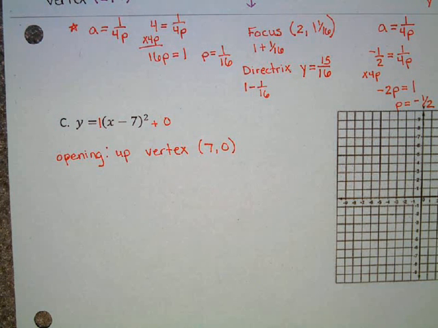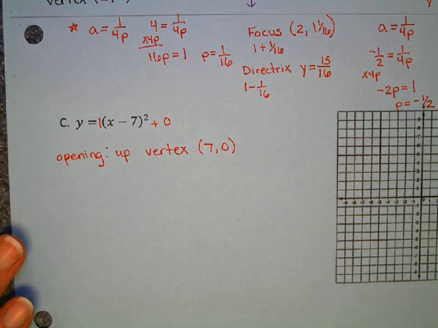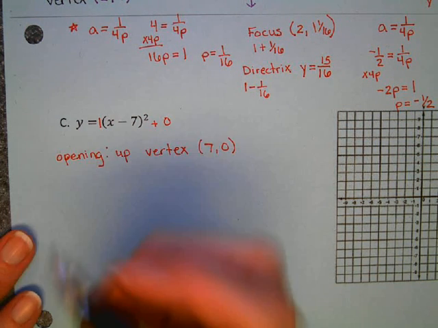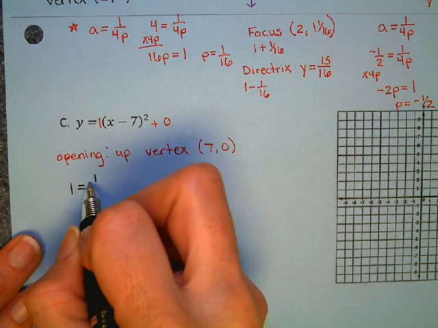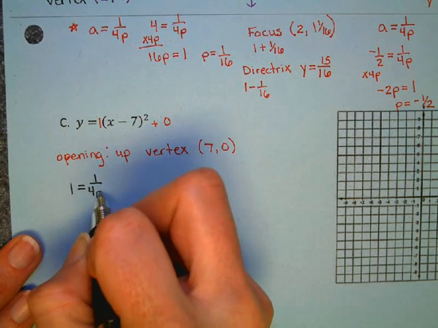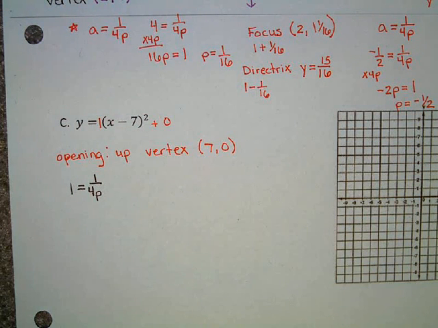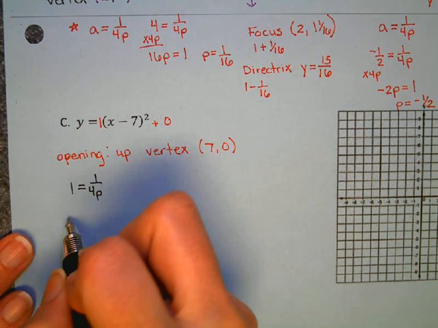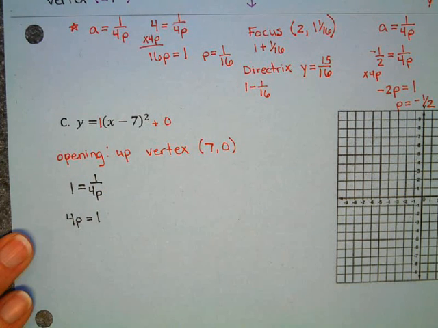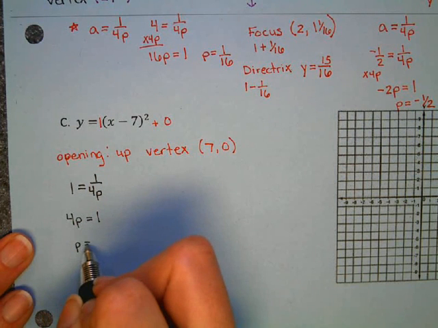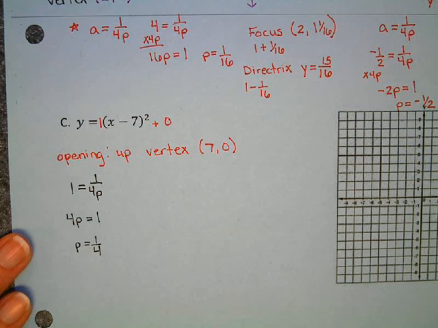Now let's find our a value. So a is 1, equals 1/4p. Trying to go ahead and solve for p, so I times 4p to the other side, which equals 4p, and divide. P equals 1/4. So that tells me the distance between the vertex and the focus.